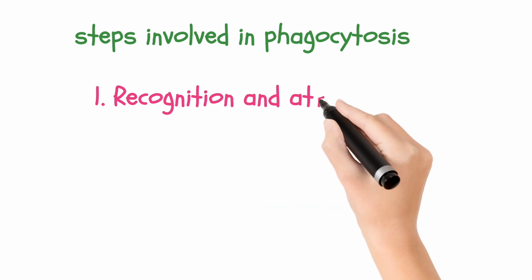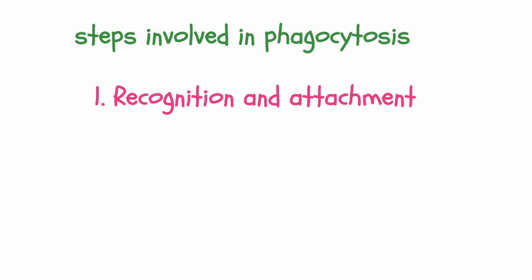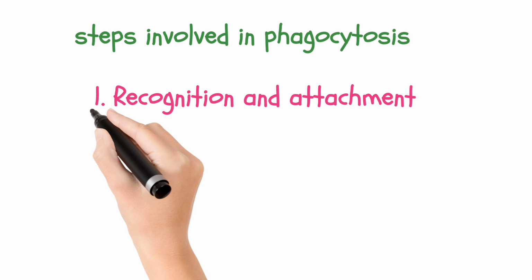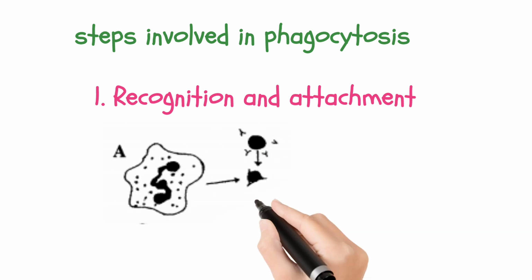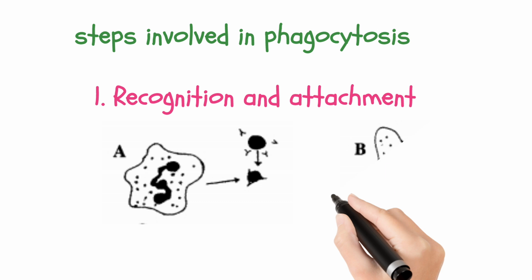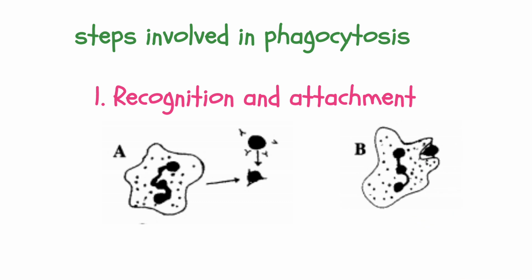First is the recognition of the injurious stimuli. They don't just go there and engulf anything. First of all, they recognize that this is an offender, and then the next step is attachment of the particle to the surface of the neutrophil.